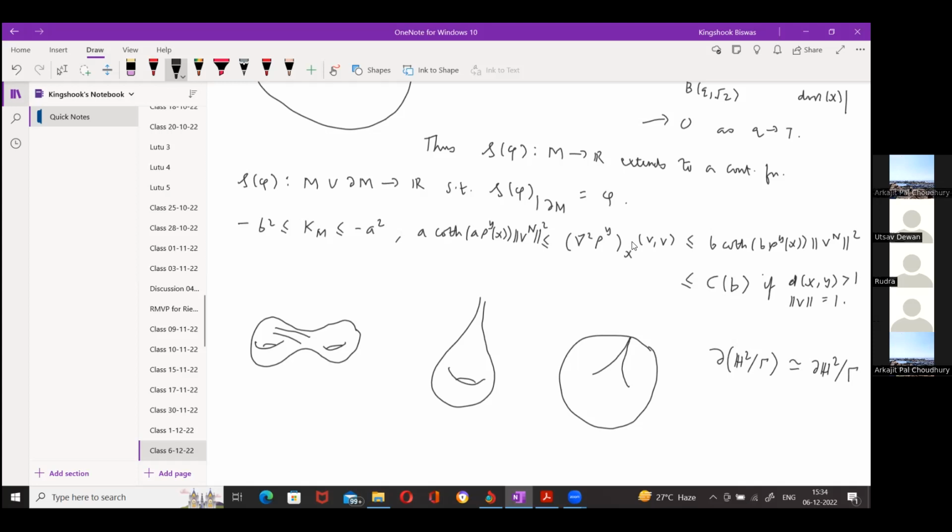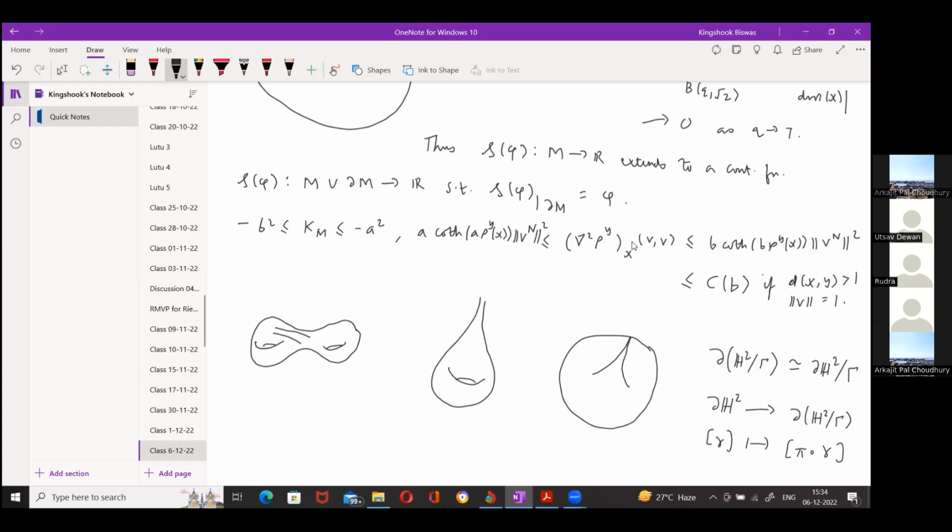Because I have a map from the boundary of H2 to the boundary of H2 mod gamma, where I just take an equivalence class and I take the equivalence class of pi composed with gamma, where pi is the projection from H2 to H2 mod gamma.